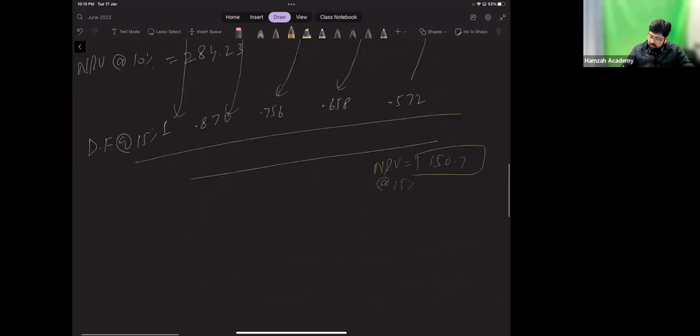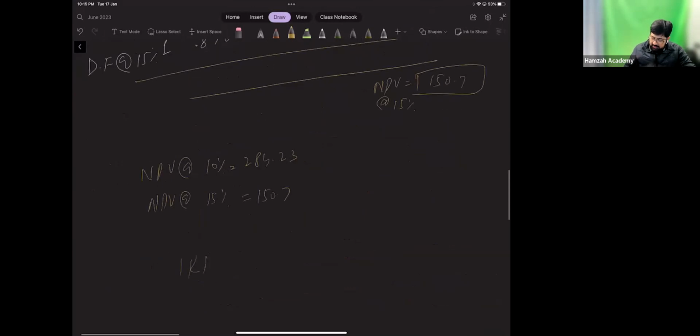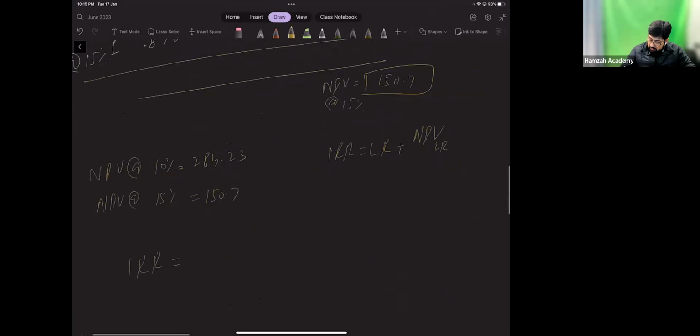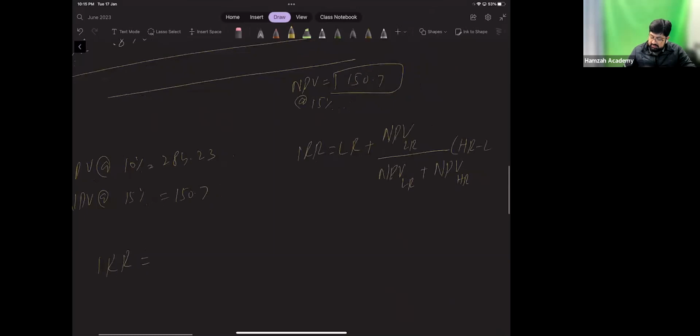So we have already obtained two NPVs. NPV at 10%, 284.23. NPV at 15%, 150.7. So for IRR, applying the formula, which you should memorize: lower rate plus NPV at lower rate over NPV at lower rate plus NPV at higher rate, into higher rate minus lower rate.